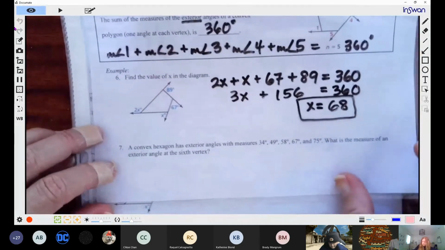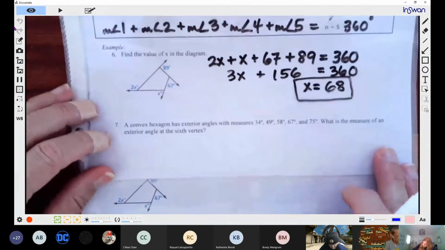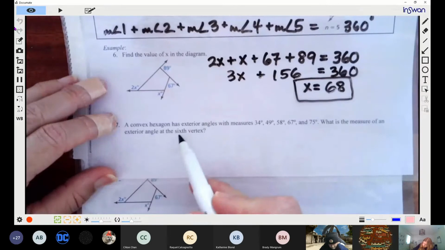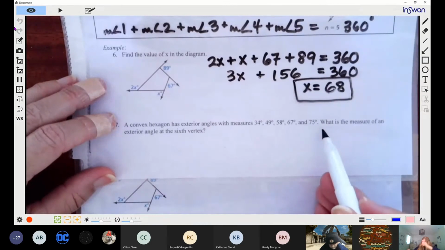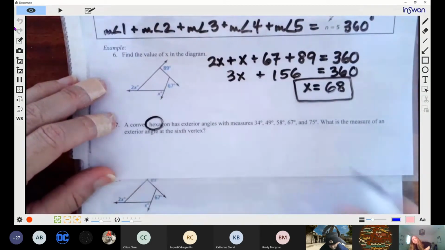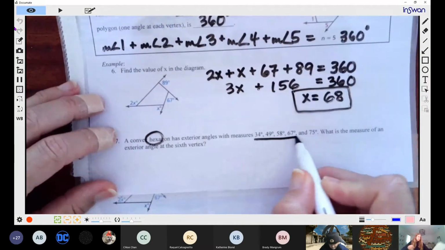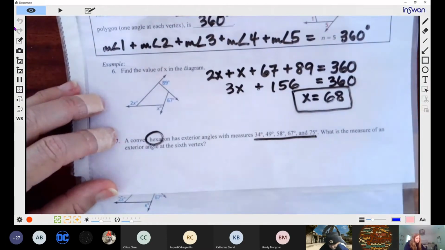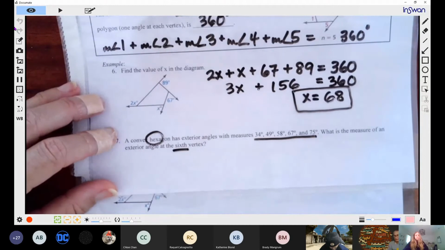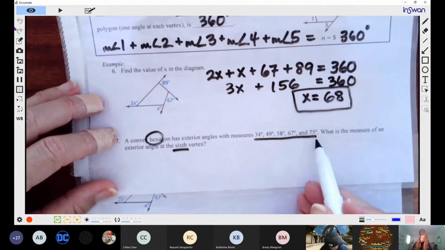Again, we're moving on because I'm trying to get this all the way done. This would be great if we could finish. Now, a convex hexagon has exterior angles with all these. So hexagon tells you how many sides? 6 sides. Right, 6. And they give you 5 of them.